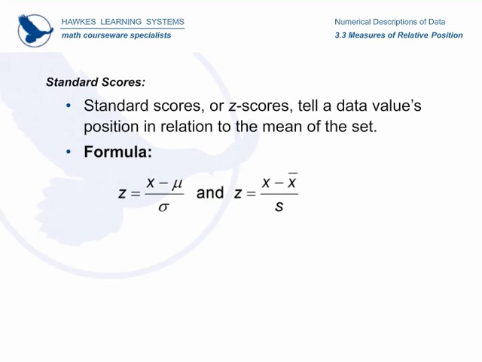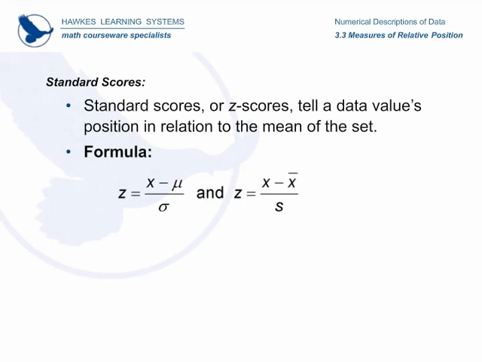And we have Greek symbols in this particular formula, so we know we've got a population formula. But we also have a sample formula. We have z equals a data value minus the mean, with the x bar indicating that it's a sample, divided by the standard deviation with an s.